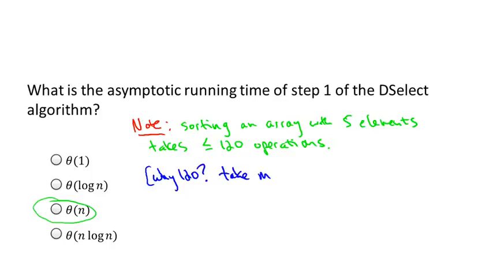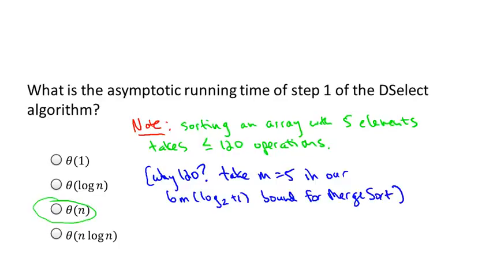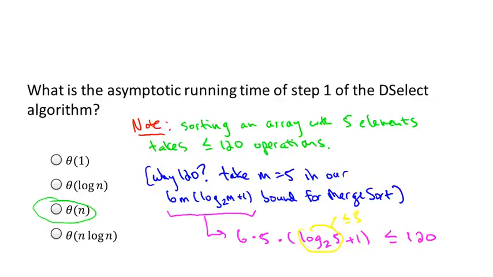Here m is 5, so we can just plug 5 into our previous formula that we computed for merge sort. If we plug m equal 5 into this formula, what do we get? We get 6 times 5 times (log base 2 of 5 plus 1). Who knows what log base 2 of 5 is? That's some weird number, but it's going to be at most 3. So if that's at most 3, 3 plus 1 is 4, multiply that by 5, then again times 6, and boom, you get your 120.